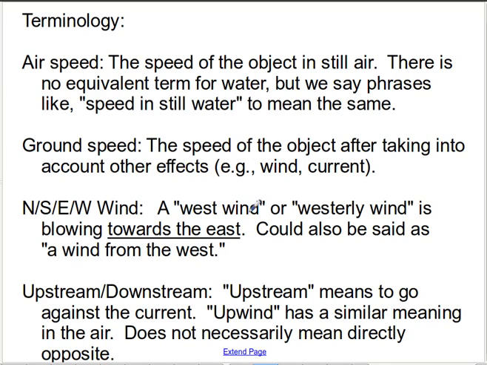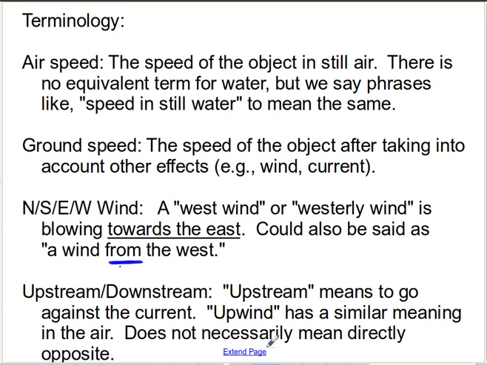So a west wind or westerly wind means it's coming out of the west or from the west. I will generally try to use this language, but you may run into questions that refer to it this way. I will give you very explicit instructions on where the wind or the current is flowing to or where it's flowing from.